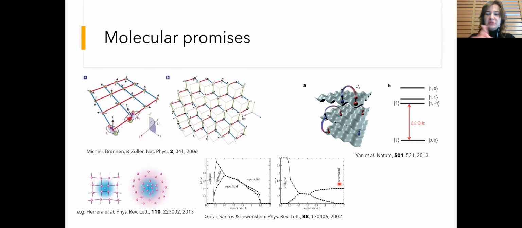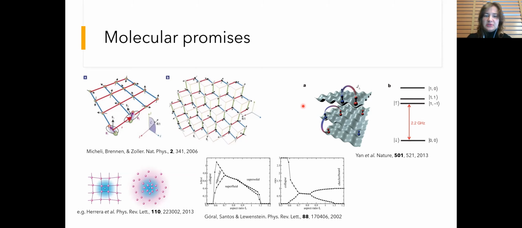First of all, they promise a toolbox for lattice spin models with topological order. So this would be really nice to have, fully controllable molecular systems with which we can really study topological models. And there were many proposals that rotational states, which are coupled by microwaves, can encode qubits, so we can have some gates built on them, but they can also be used to simulate quantum magnetism models.